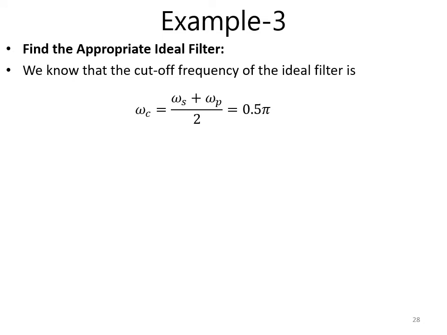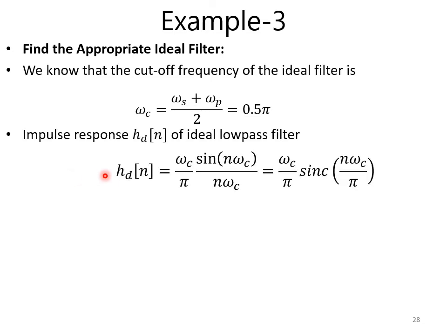For the ideal filter we need the cutoff frequency, and as we discussed in the previous slide, the cutoff frequency is basically at the midpoint of the stop band frequency and the pass band frequency. The midpoint is 0.5 pi, so omega c is equal to 0.5 pi.